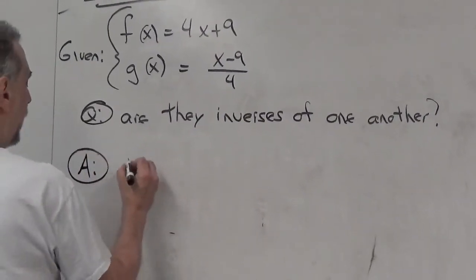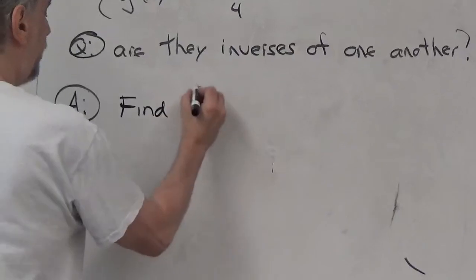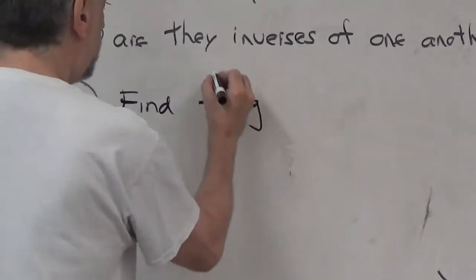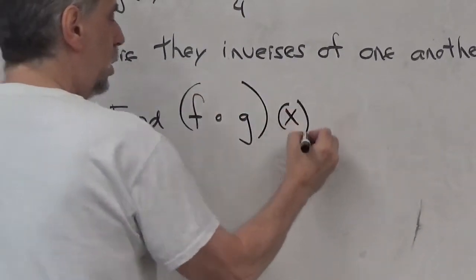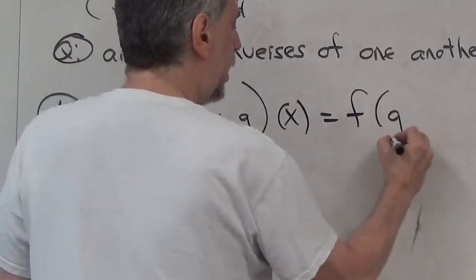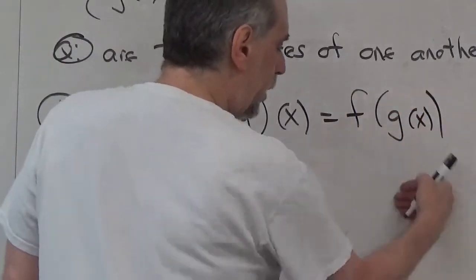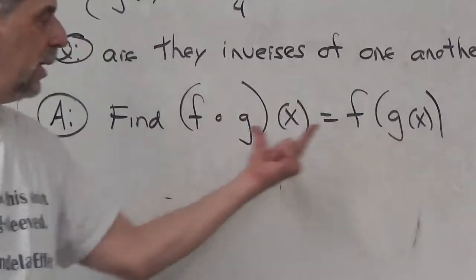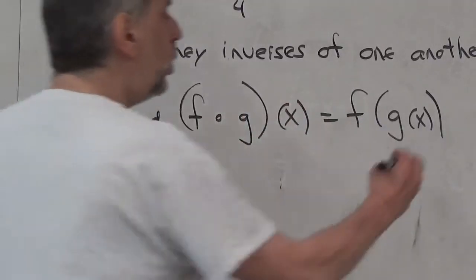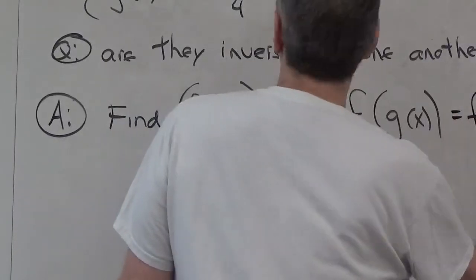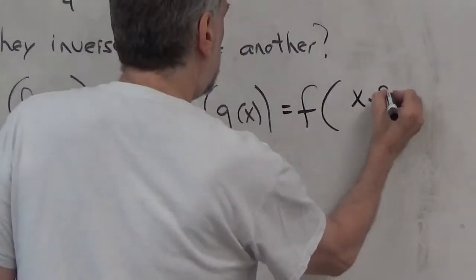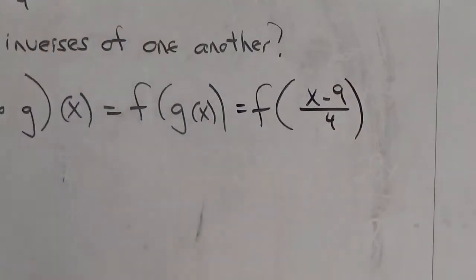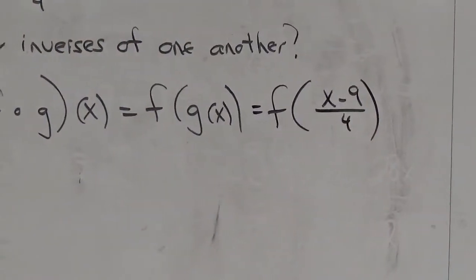So I'm going to find f of g of x. All right, I'll write it all out here again, all the different ways we look at it. You don't have to write both of these. One of them suffices. I like this one, but I'll put this one here just to show. And then we're going to put that g of x function as the input to the f function.